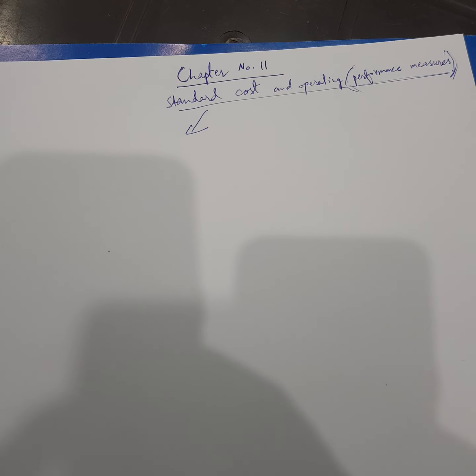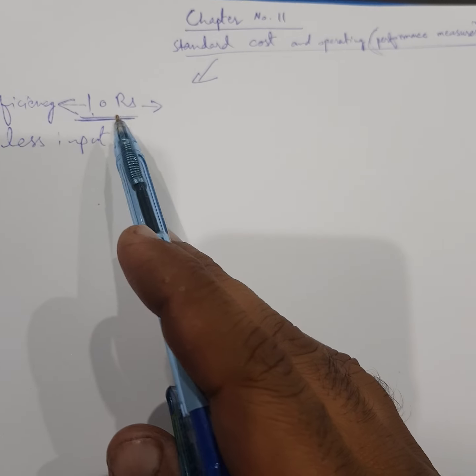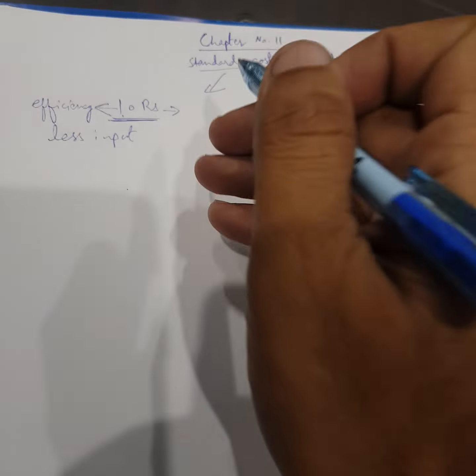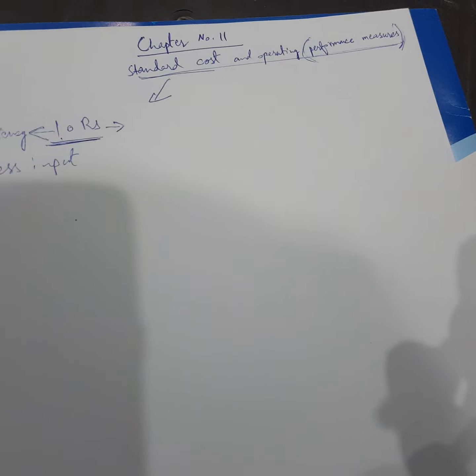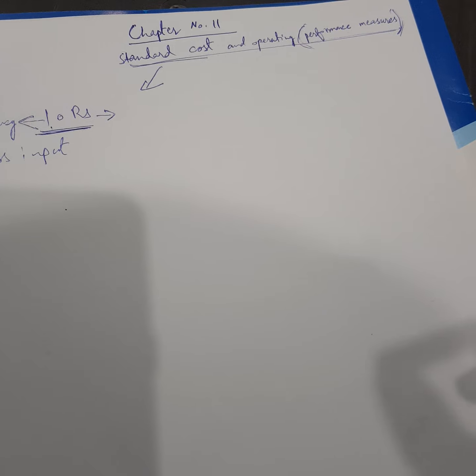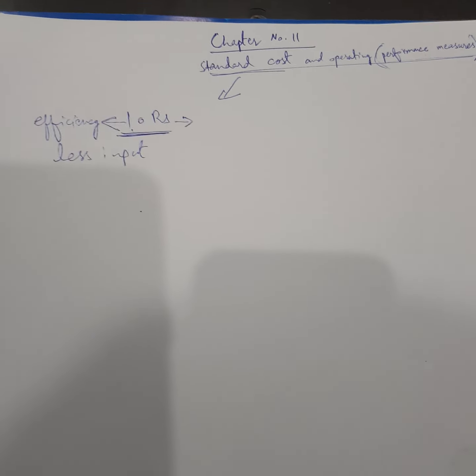It means they are utilizing less input, but this is the standard and benchmark that they have to follow, that they have to incur, but they should not go beyond this cost. In managerial accounting, standard cost relates to the quantity and cost of inputs used in manufacturing goods or providing services.